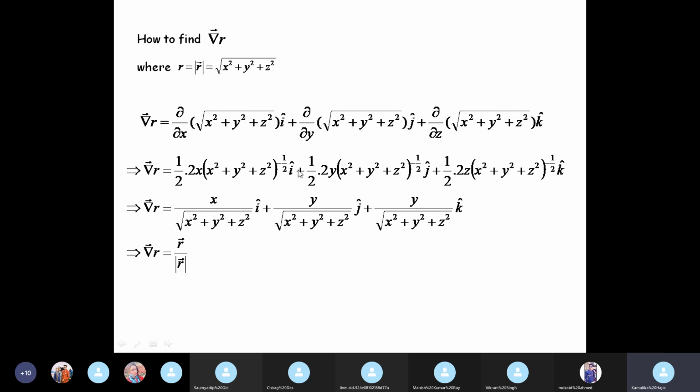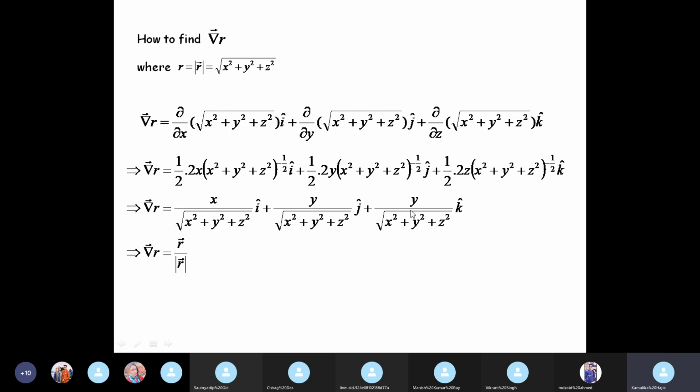So to the power minus half means 1 by root over this function, and 2 cancels in all three terms. So the first term comes out to be x by root over x square plus y square plus z square i cap. The second term comes out to be y by root over x square plus y square plus z square j cap. And the third term, sorry, this will be z.